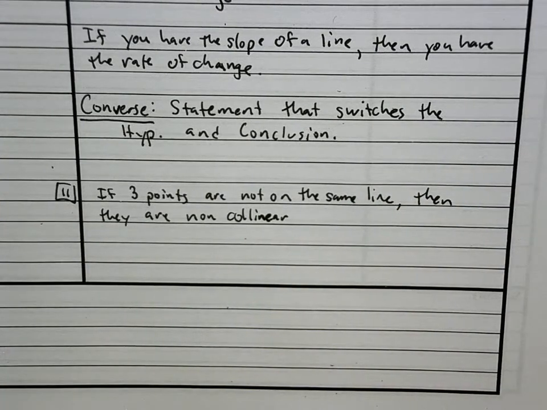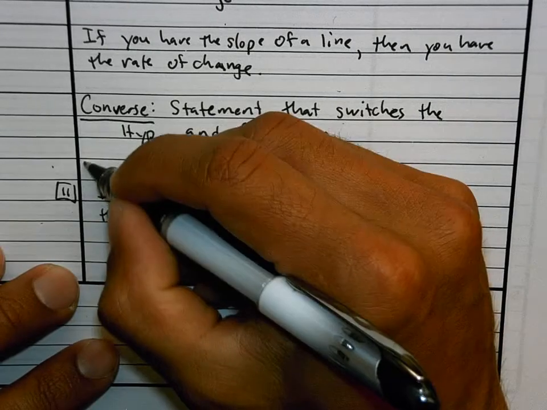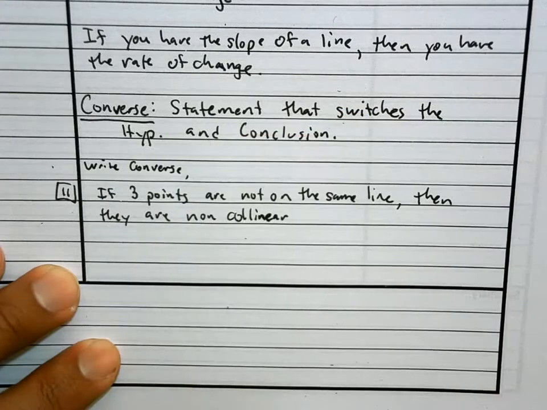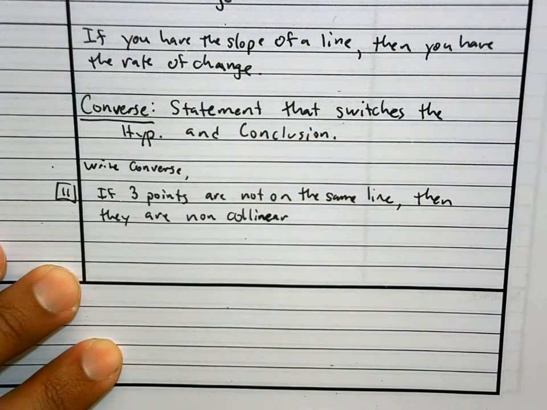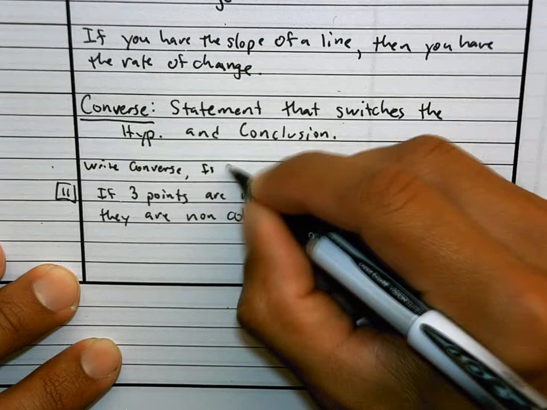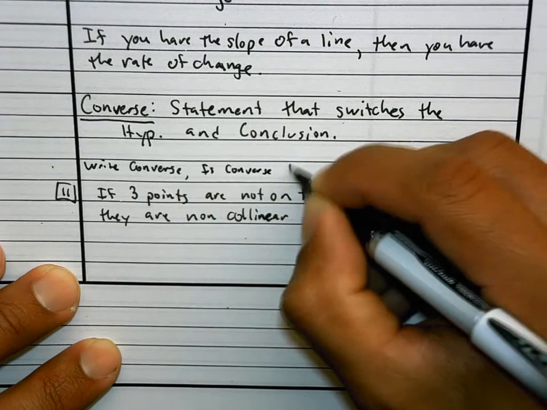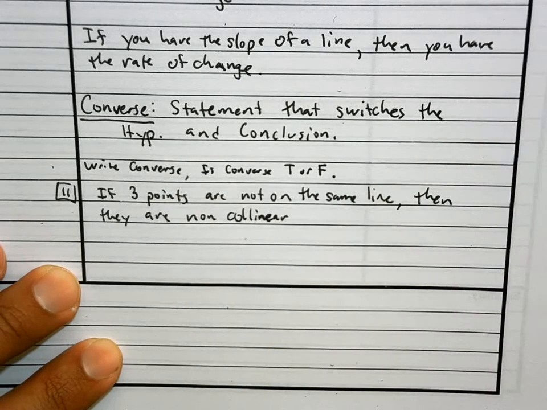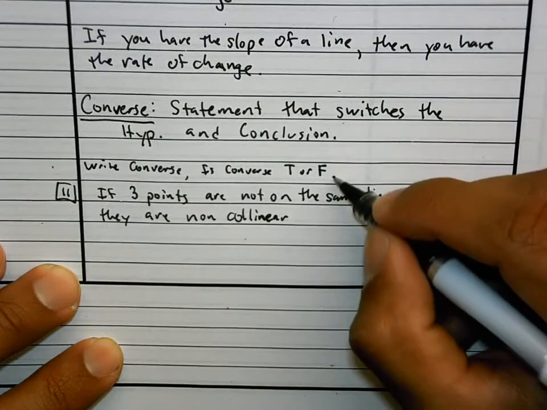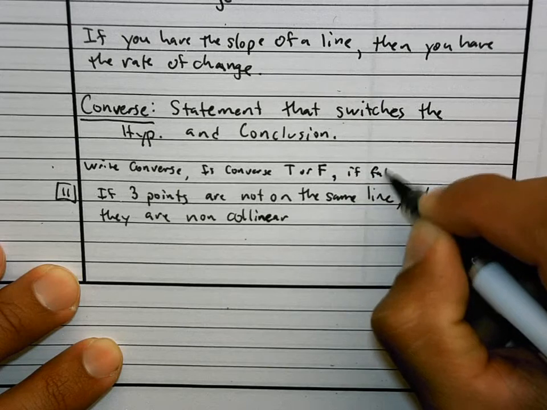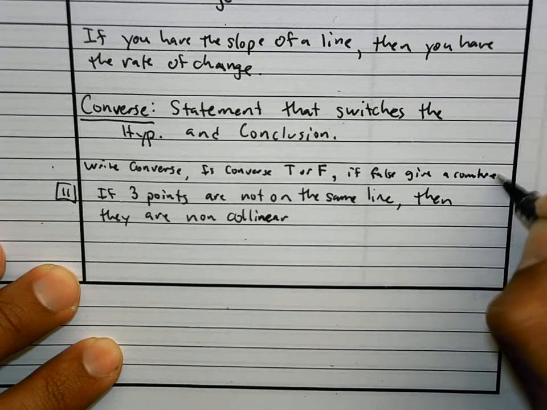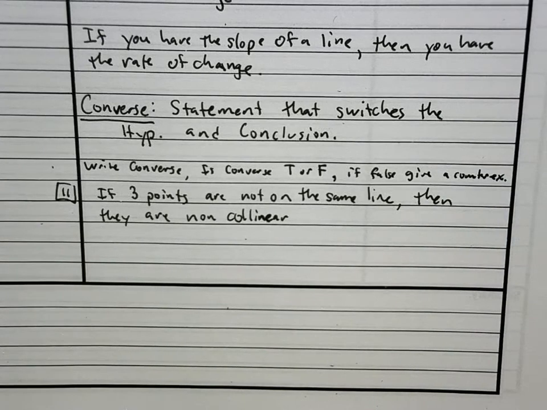The directions say write the converse. Is the converse true or false? If false, give a counterexample. That's literally what the directions are for numbers 11 through 14.